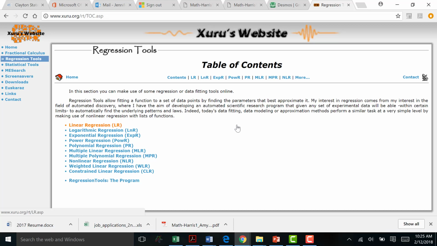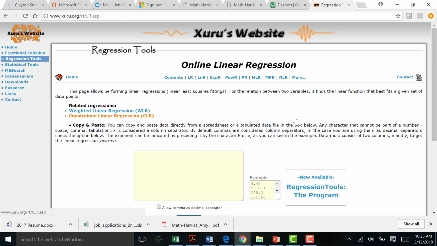So you should put a favorite on this page. The first one we're going to do is linear. How do you know that you're on the linear regression screen? It better say linear regression at the top, or you're not going to get the right equation. From the homework standpoint, you're just going to be cutting and pasting the data in here. Right now, we're getting ready to type it.